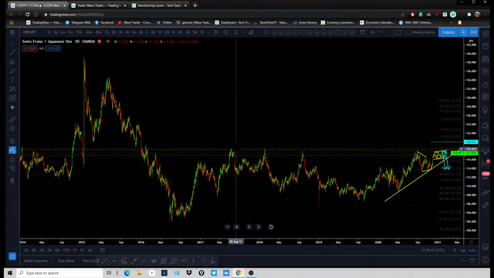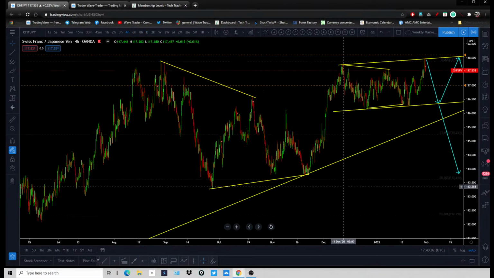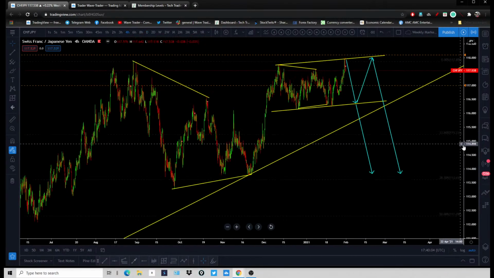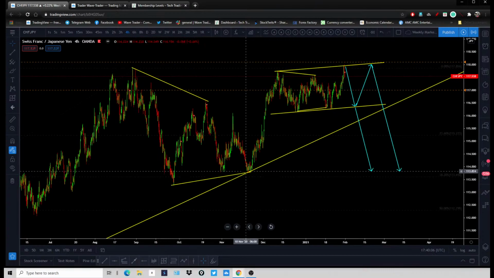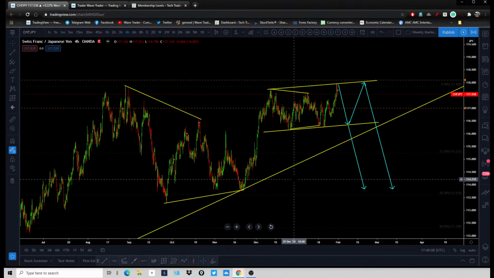So what's going to be the clue that price is going to hold? Price action. Price action is the clue you need to understand, that price is going to reverse. Get into the trade, put your stop loss behind that and ride it all the way back within that channel, or all the way back to the 114 area. Once you get into the trade, put your stop behind that top.